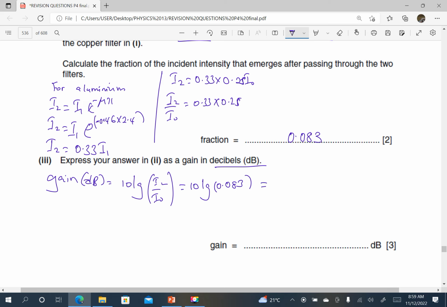From my calculator, this is negative 10.8, which is approximately negative 11 decibels. Decibels is 10 log of that fraction, but it was common in communication, especially attenuation of signals.